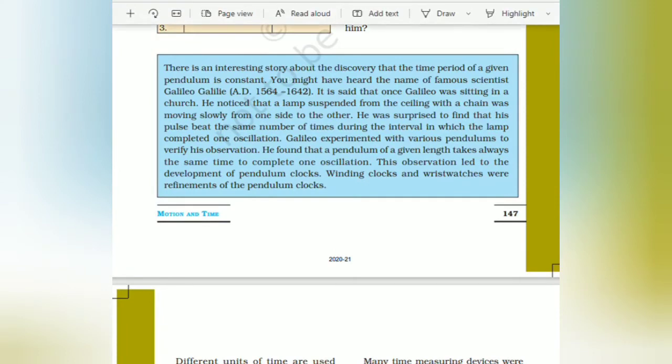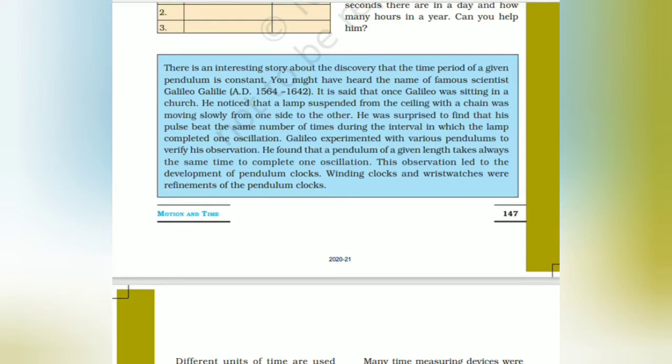Okay. The discovery that the time period of a given pendulum is constant. We might have heard the name of the famous scientist Galileo Galilei. It is said that when Galileo was sitting in the church, he noticed the lamp that was suspended from the ceiling with a chain moving slowly from one side to the other. He was surprised to find that his pulse beat the same number of times during the interval in which the lamp completed one oscillation.